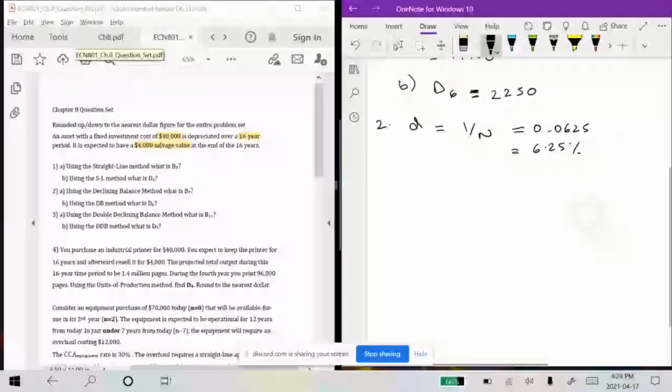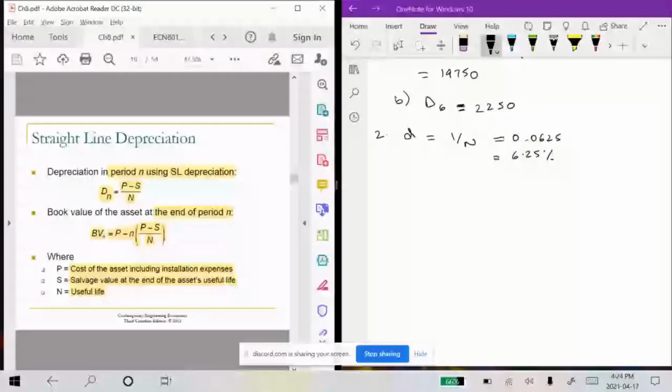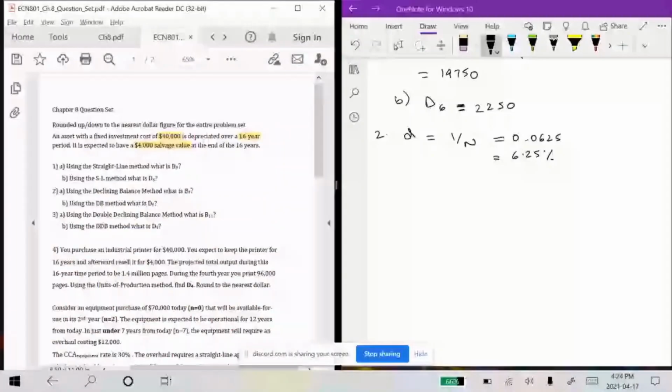Using the declining balance method, right here, it's basically just subbing into the formula. B equals B0 into 1 minus d raised to the power n.